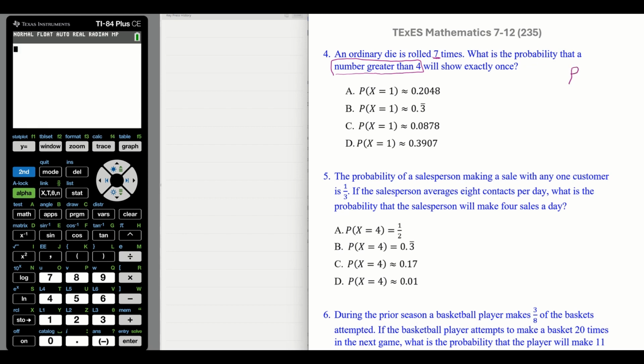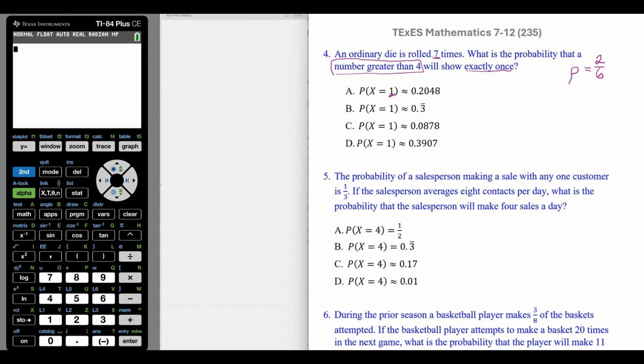So our consistent probability, see, a number greater than 4: 4, 5, 6. Again, that's 2 over 6. And our x value is 1. Notice that's an option given in our answer choices.